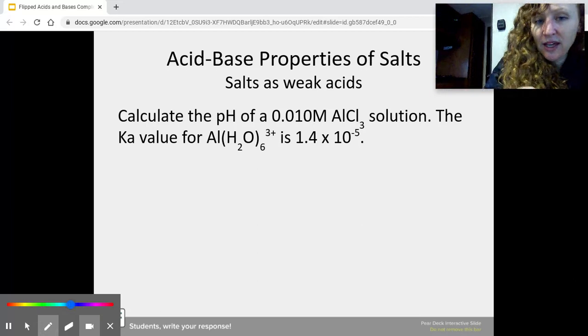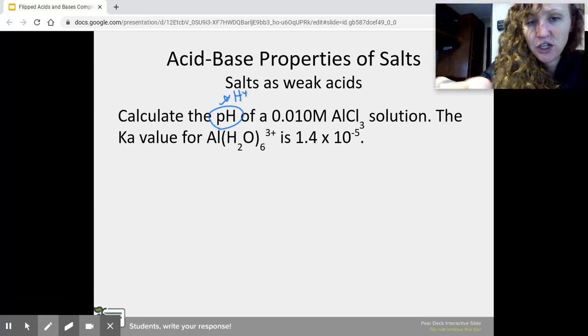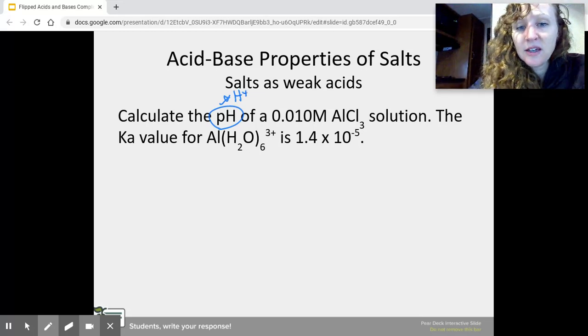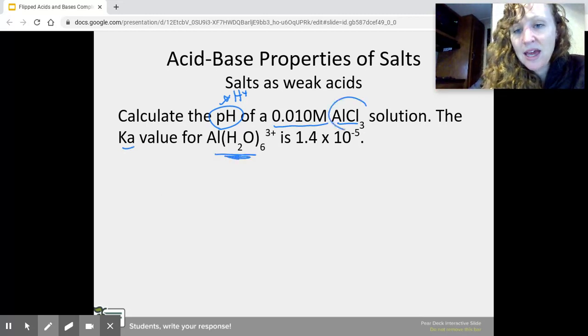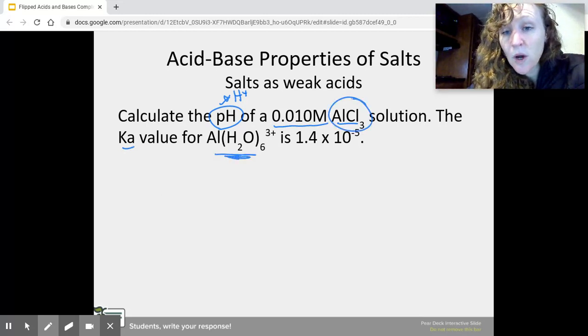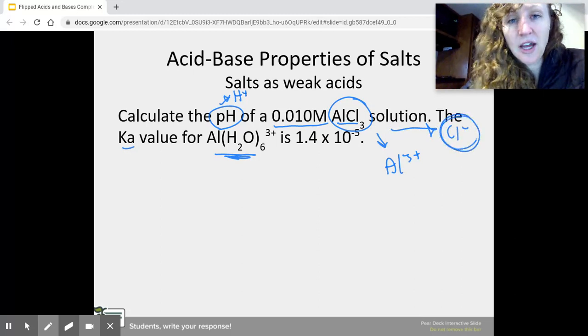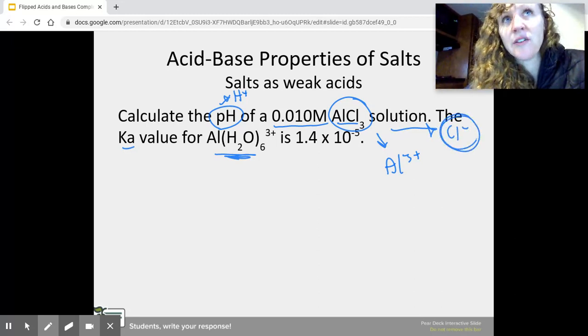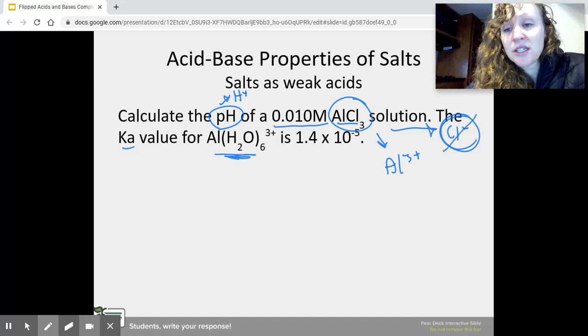Okay, so again, they want the pH, meaning ultimately we need an H plus concentration or hydroxide. They give you an amount of an AlCl3 solution and they give you a Ka value for this complex ion. So AlCl3, when it dissolves in water, it's a soluble salt, and so it's going to dissolve into Al3 plus and Cl minus. Now Cl minus we just talked about, it's the conjugate of HCl, which is a strong acid, making it a useless base.